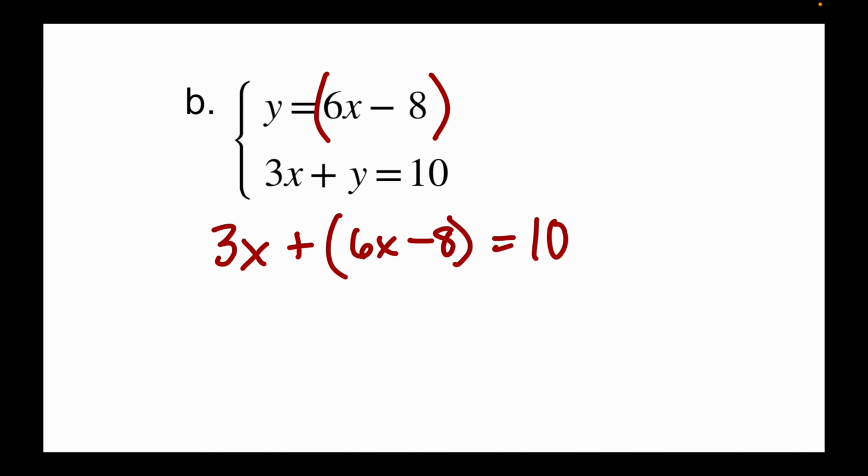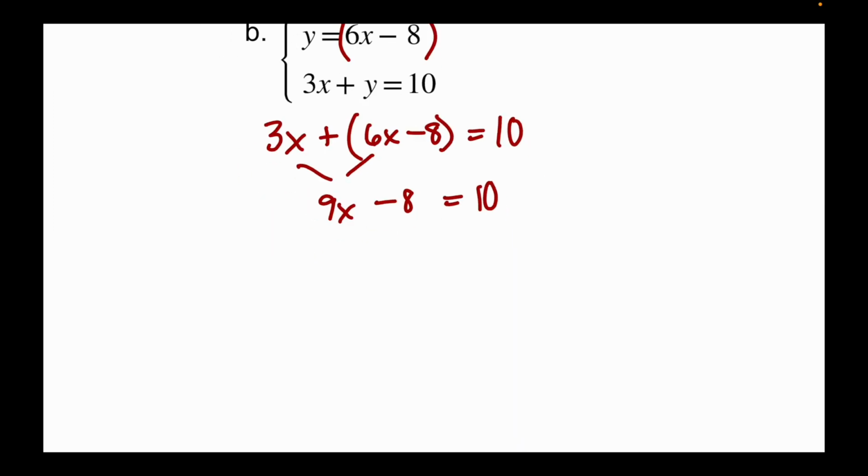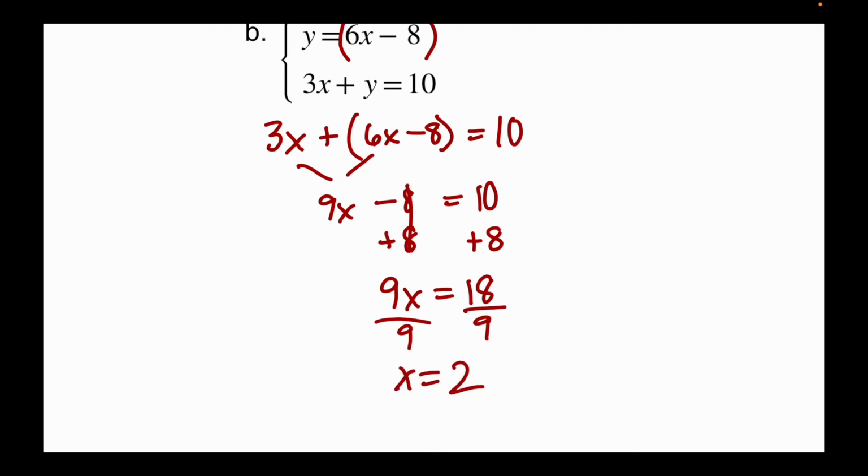So we can just add 3x and the 6x, and this is 9x minus 8 equals 10. We'll add 8 to both sides. That is going to give us 9x equals 18. So then we'll divide both sides by 9 and get that x is equal to 2.